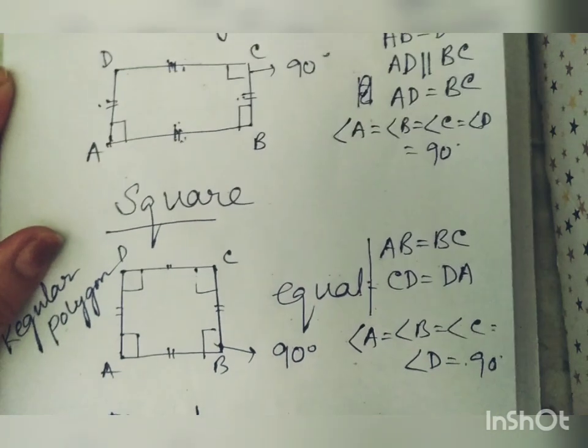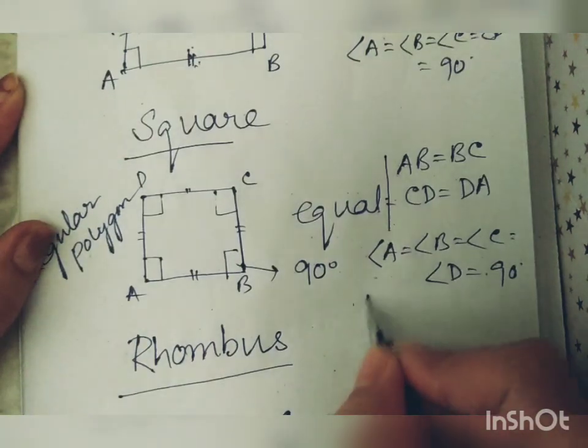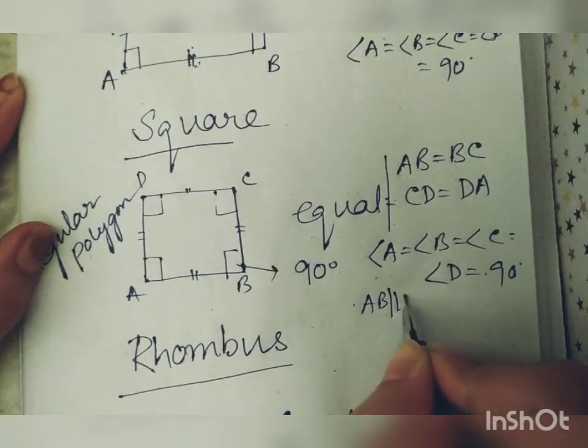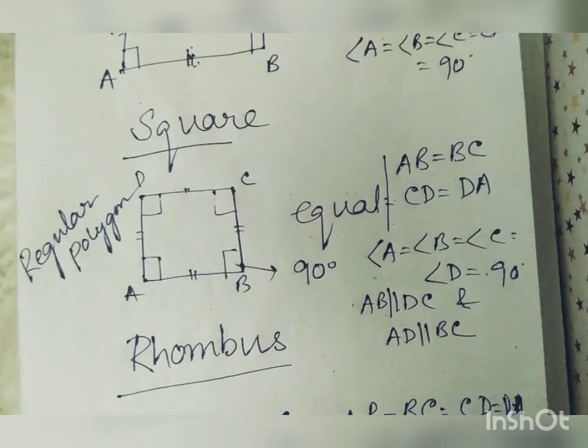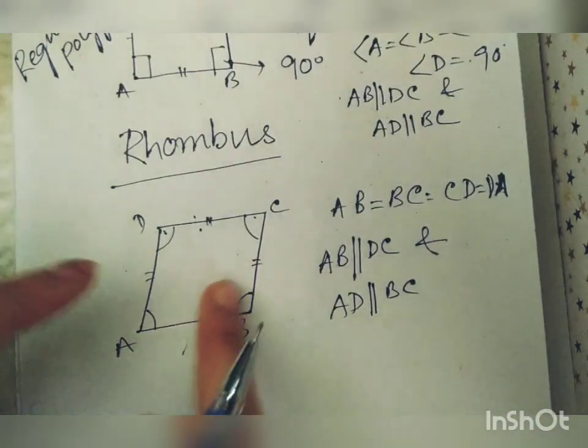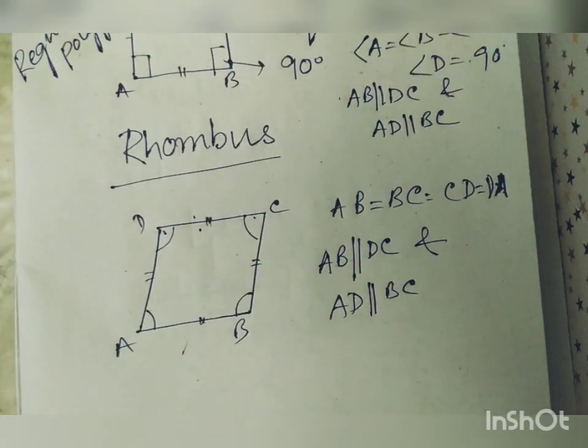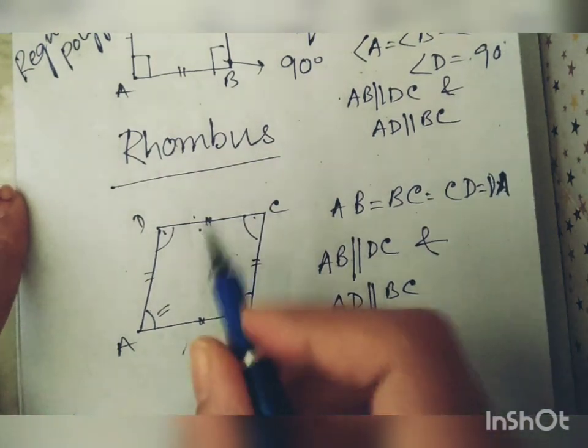In case of square also we can say the opposite sides are parallel, meaning AB is parallel to DC and AD is parallel to BC. In case of rhombus also, all the opposite sides are parallel to each other, but it is not that all the angles are 90 degrees, just like square.